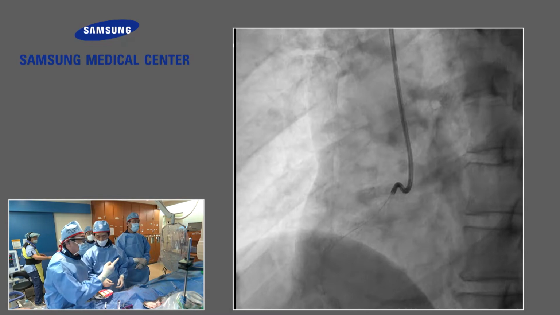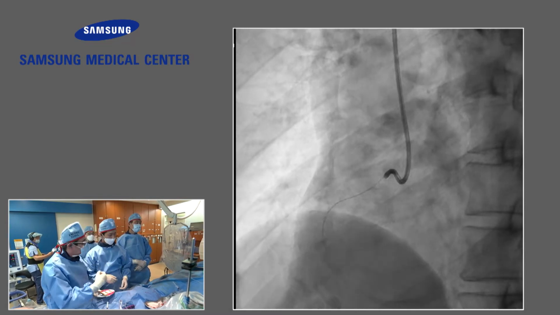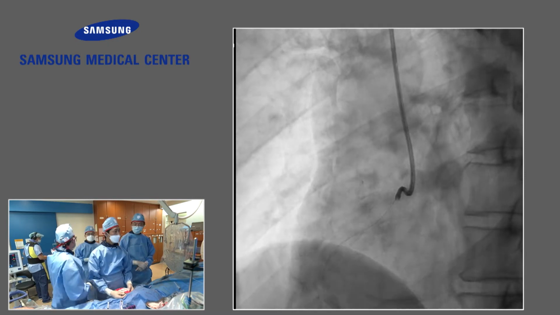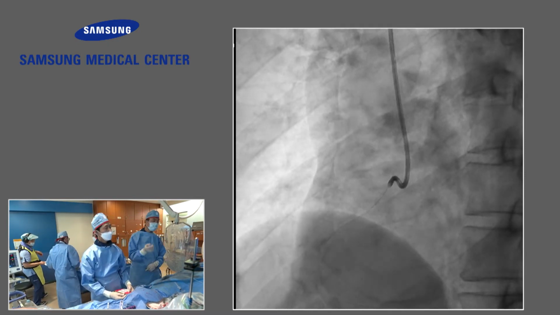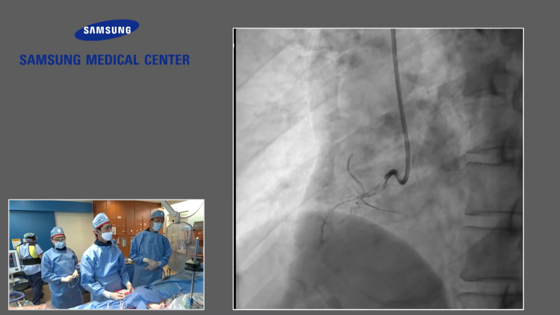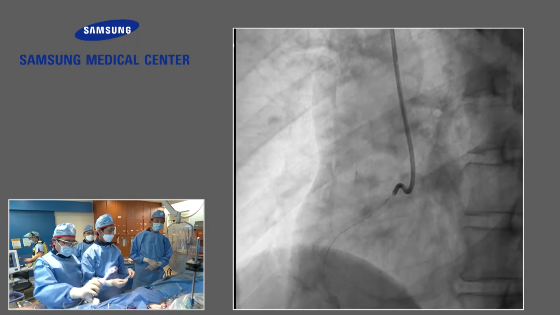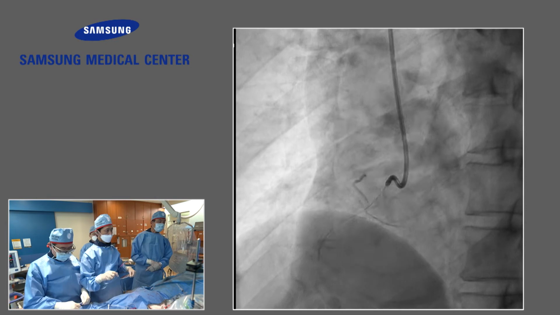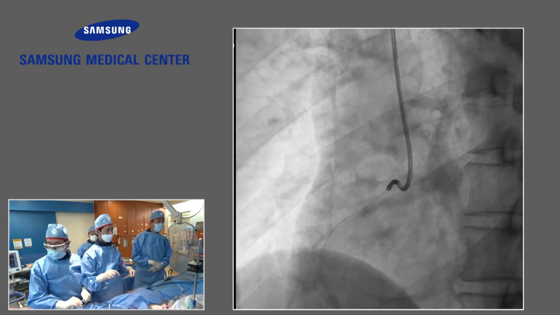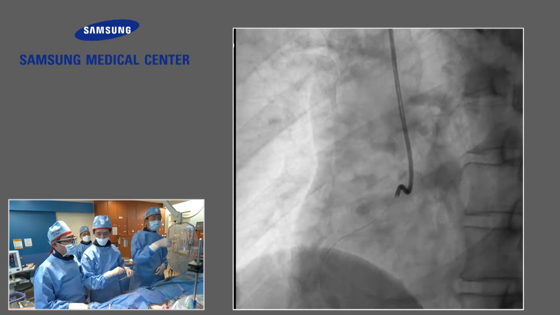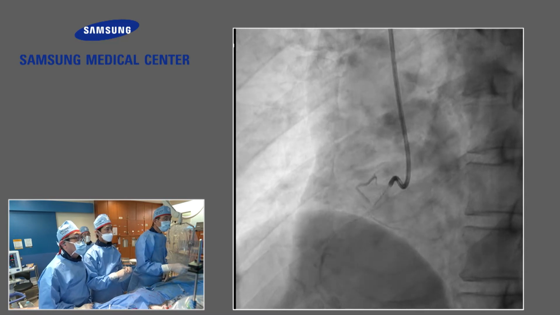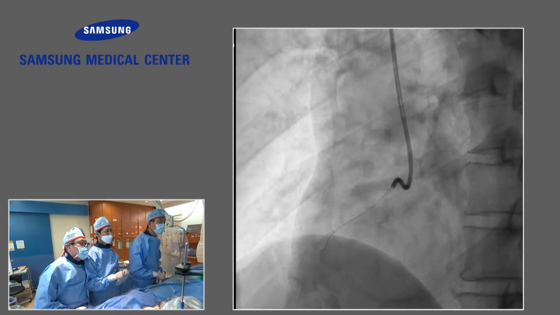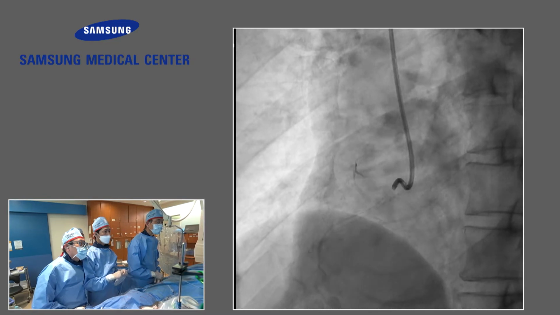I think we need to remove the whole guiding catheter and wire. Rewiring may not be so difficult because we already inserted the Corsair catheter. Do you agree? The previous image shows some filling defect. The upper side is moving downward. Can you see that?